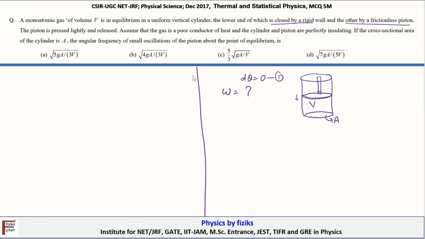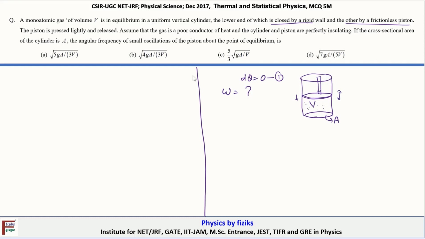Now let's move step by step. With this information that the piston and the cylinder are insulating and dq is equal to 0, when the piston is pressed slightly it will move in the vertical direction, both downward and upward, executing some sort of oscillation.